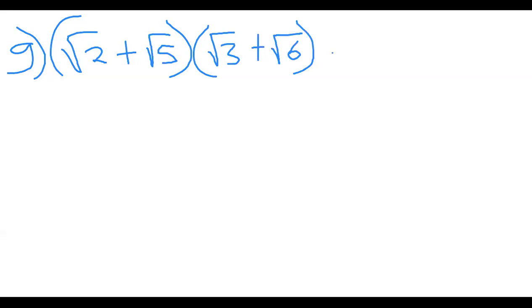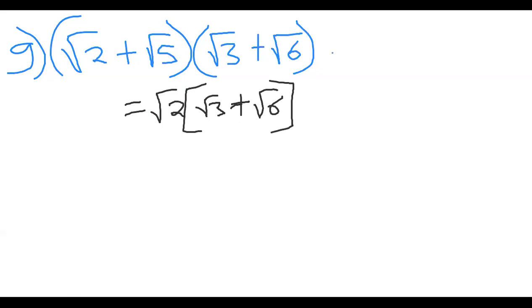Expand that. Everything, we're still looking at expansions. So this is the same as root of 2 into brackets root 3 plus root of 6. Remember what you did in example, I think number 2. Then plus root of 5 times root of 6. That is for the first time.